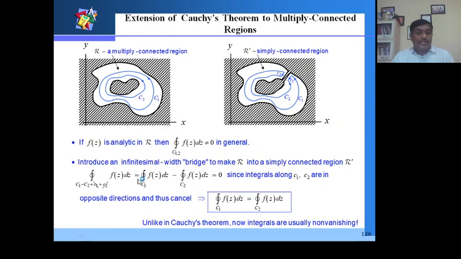Then the integral of f(z) dz is equal to the integral upon C1 f(z) dz minus the integral upon C2 f(z) dz is equal to 0, since the integrals along C1 and C2 are in opposite directions. Here you can see that the 2 become cancelled. Thus the integral upon capital C1 of f(z) dz is equal to the integral upon C2 of f(z) dz. Unlike in Cauchy's theorem, now the integrals are usually non-vanishing.